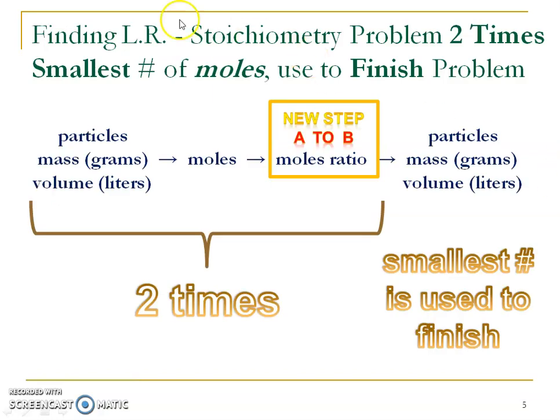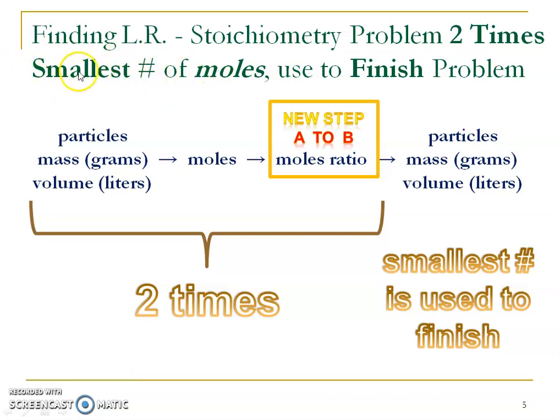So as a reminder, when we're trying to find limiting reactants, you're basically doing 2 stoichiometry problems, right? So you're starting at any quantity, using mole island to go to moles, and then using that new mole ratio step to get your substance A to B. There's where we're going to stop. We're going to pause, and we're going to compare those moles of our substance B, the substance that we want.